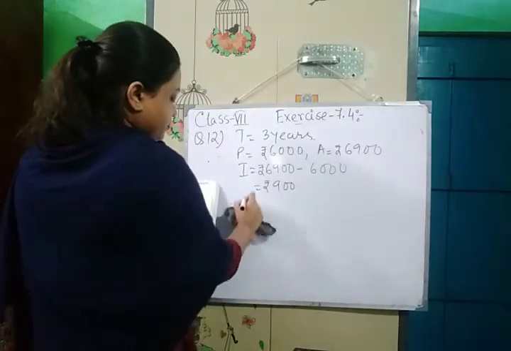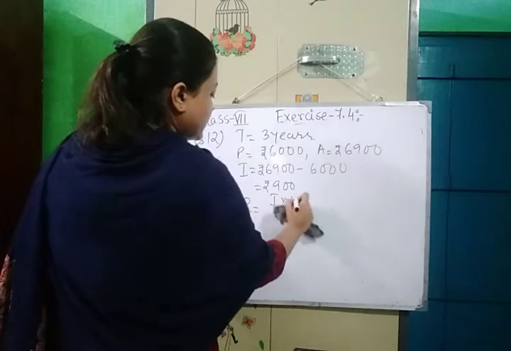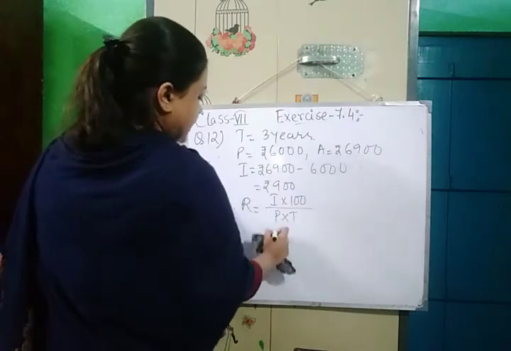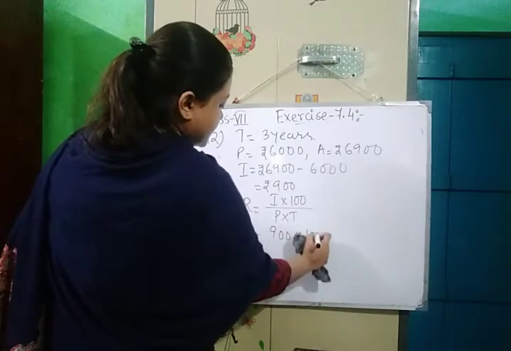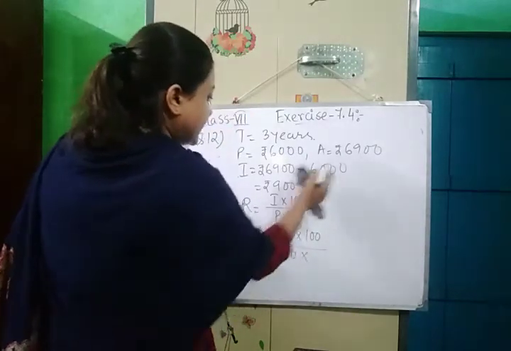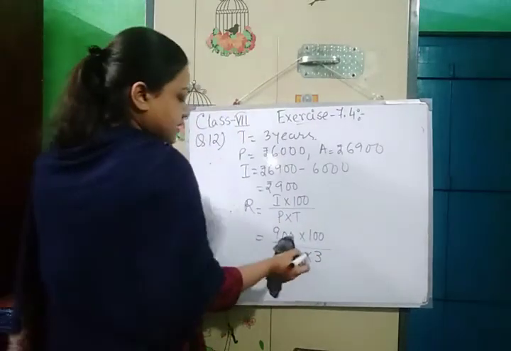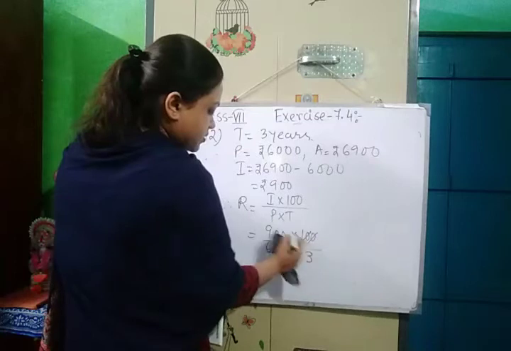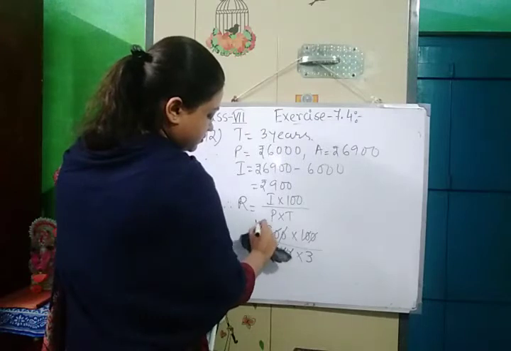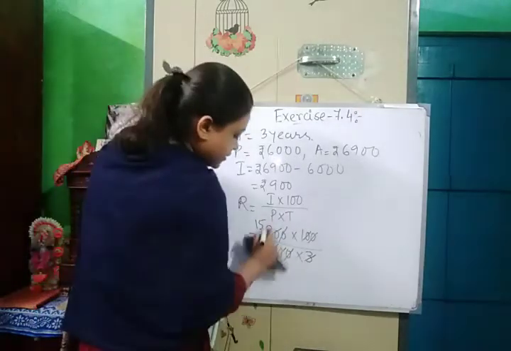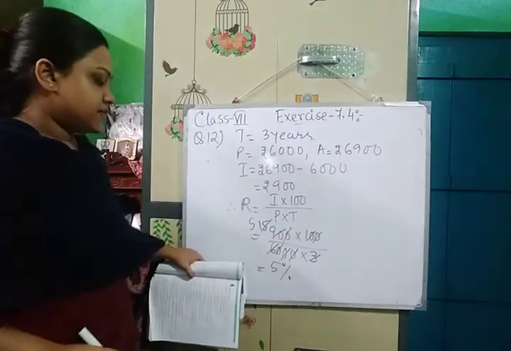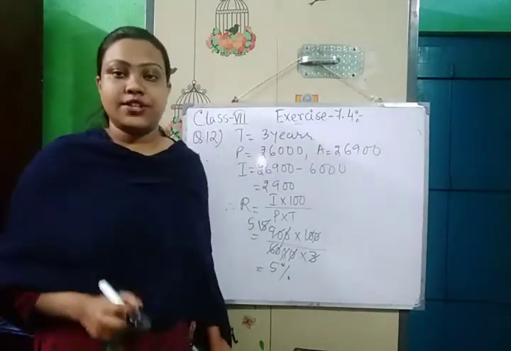Therefore rate equals I into 100 by P into T. So I is 900 into 100 by principal 6,000 into time 3 years. Now we will do cancellation. 3 zeros cancelled, 3 zeros cancelled. 6 15s are 90, 3 5s are 15. So 5% is the rate of interest.